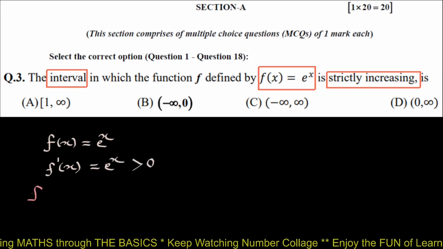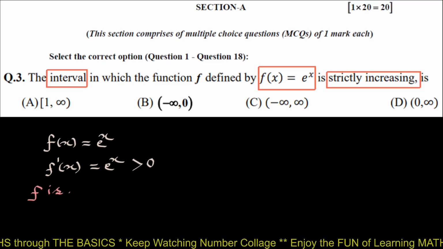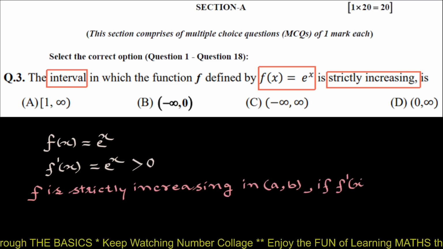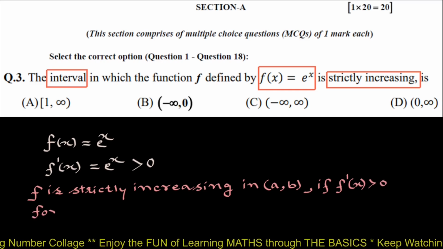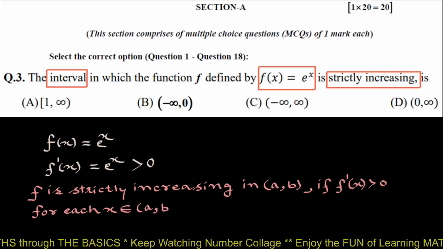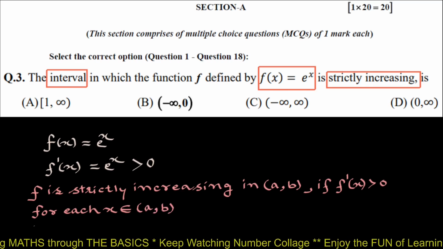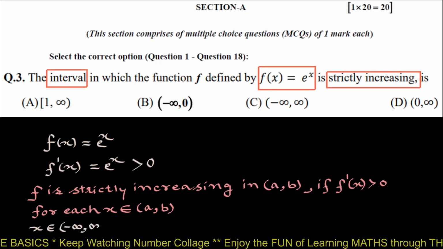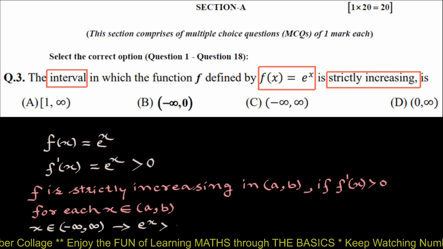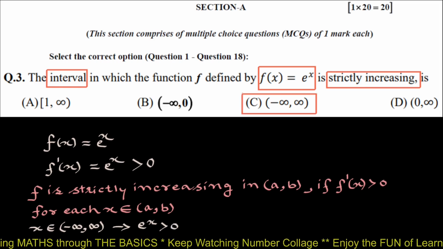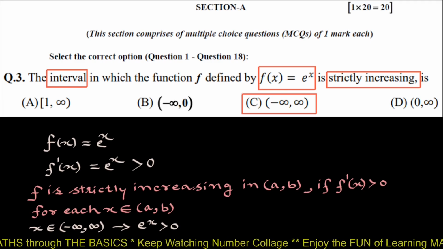We know that f is strictly increasing in the open interval a comma b if f dash x is positive for each x belonging to the open interval a comma b. In this case, if x belongs to the open interval minus infinity to plus infinity, e raised to x will always be positive. So the answer option is C, open interval minus infinity to plus infinity.